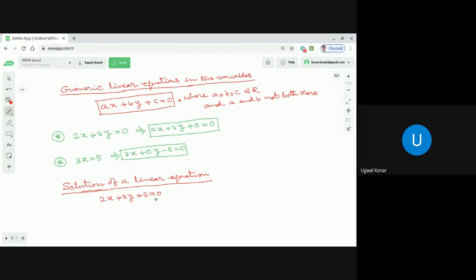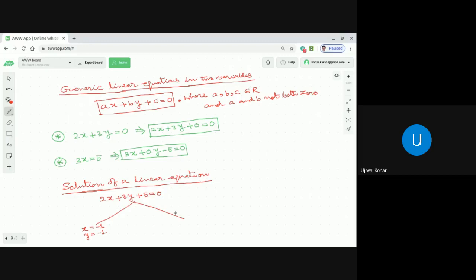We can get a solution like this: x is equal to minus 1 and y is equal to minus 1. Apply x equal to minus 1 and y equal to minus 1. Then 2x plus 3y plus 5, that is the left hand side of that equation, becomes minus 2 minus 3 plus 5, that is 0, which is equal to the right hand side, so it is satisfied.